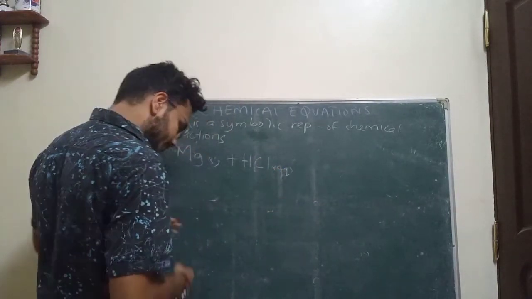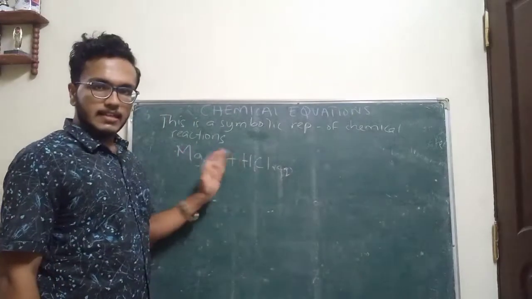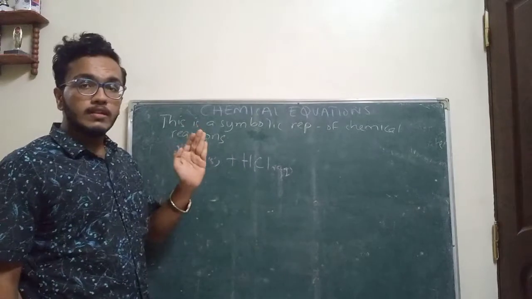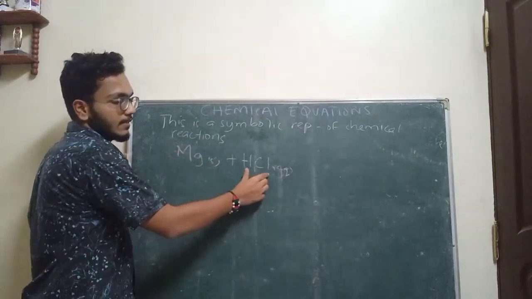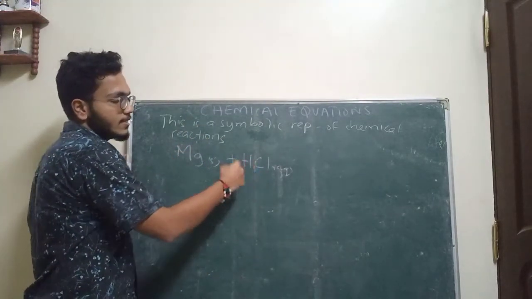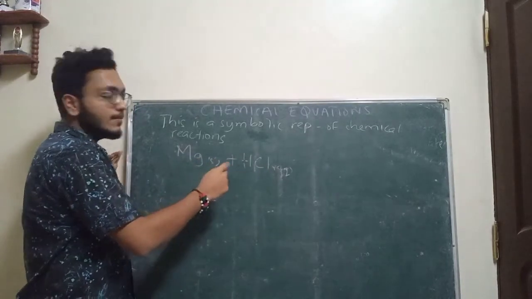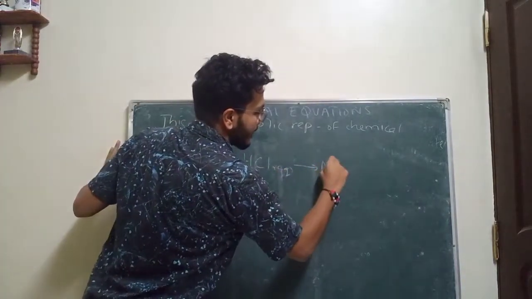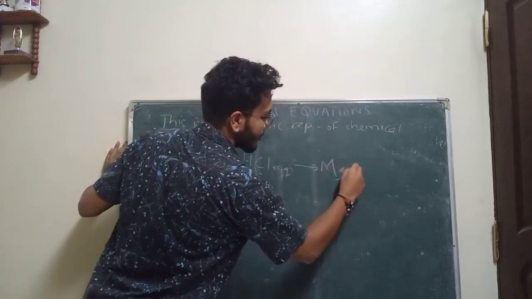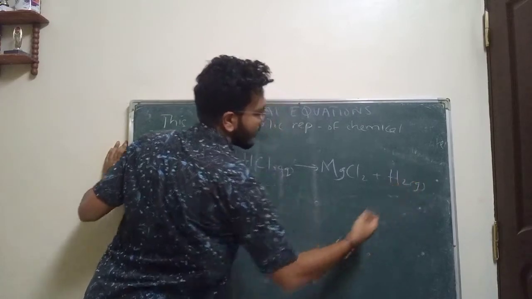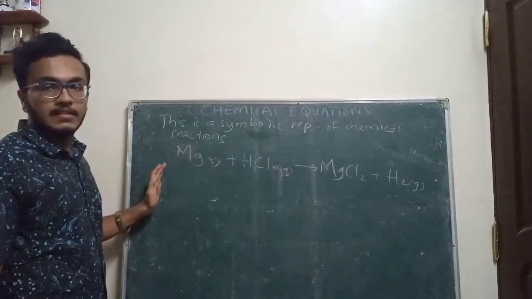Metal plus acid is metal salt plus hydrogen gas, and the salt is the metal and the chlorine, because hydrogen is displaced. So magnesium will react with chlorine from HCl to form magnesium chloride plus hydrogen gas. This is without balancing.